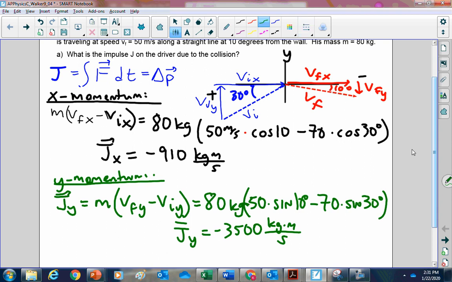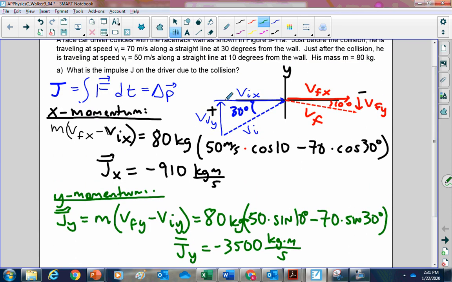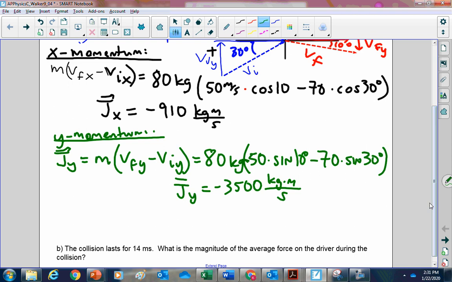So now I'm still not done because I've done the x and y, but they asked me for an overall impulse change. So to get the overall, I have to do the Pythagorean theorem and do jx squared plus jy squared.